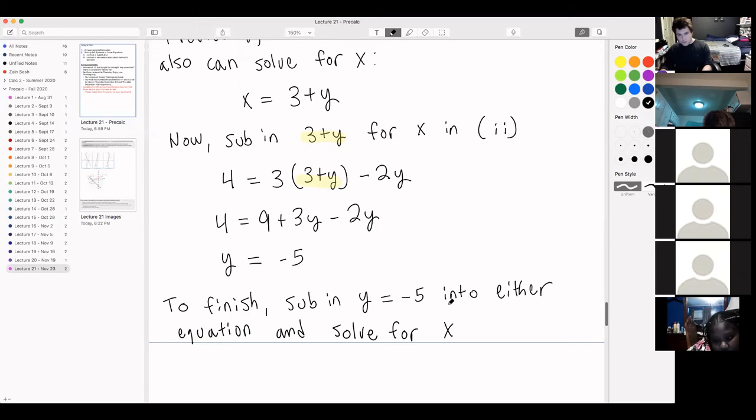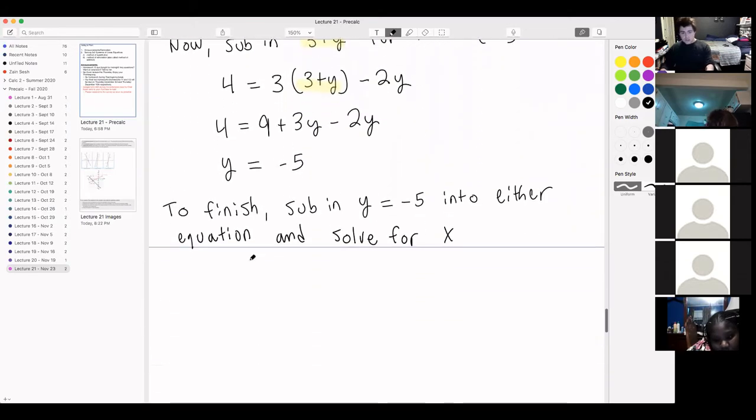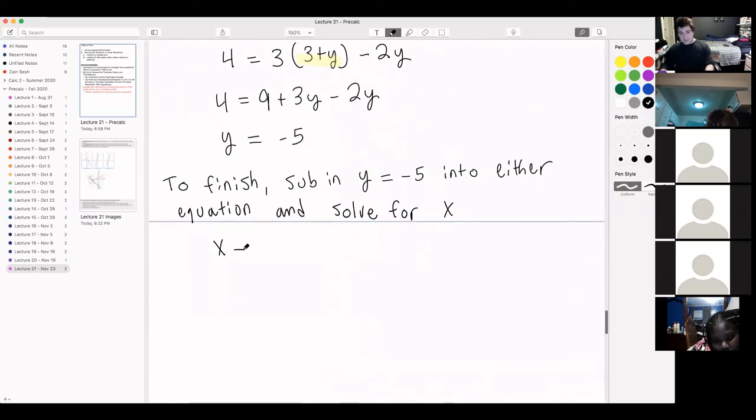Okay, so which one do I use? Oh, okay, I use 1 again. So it's x minus y is 3. So x minus, but I'm now substituting in negative 5 for y. So it's x minus negative 5 equals 3.